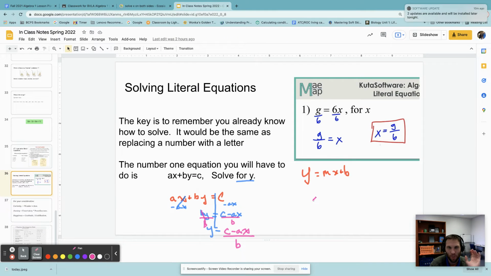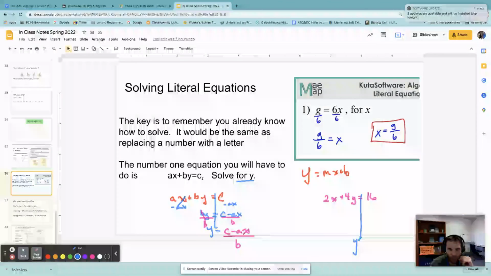Okay, now you can do that with numbers also, like let's say, for example, 2x plus 4y equals 16. Okay, so maybe you're trying to solve for y equals mx plus b, solve for y. So you subtract 2x.